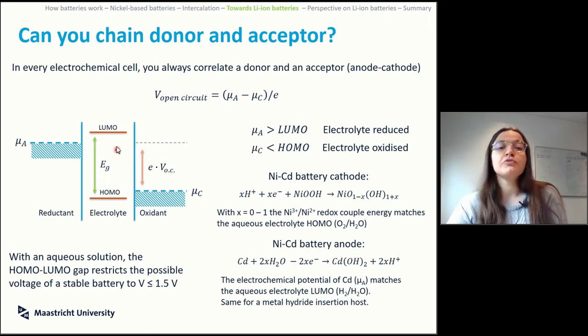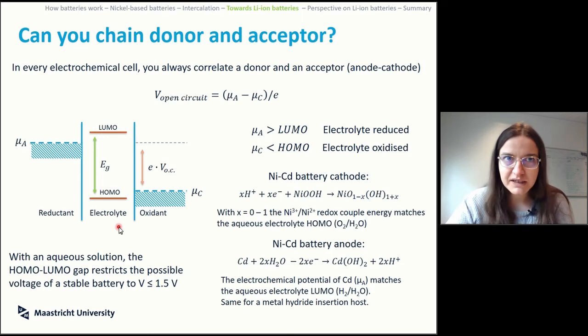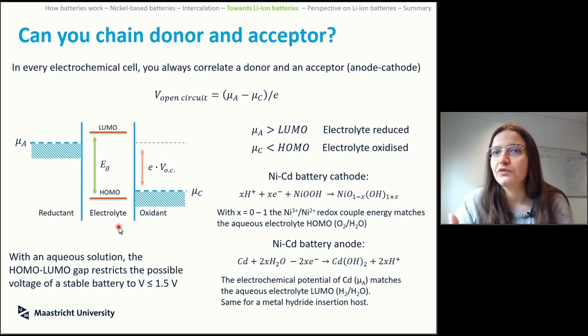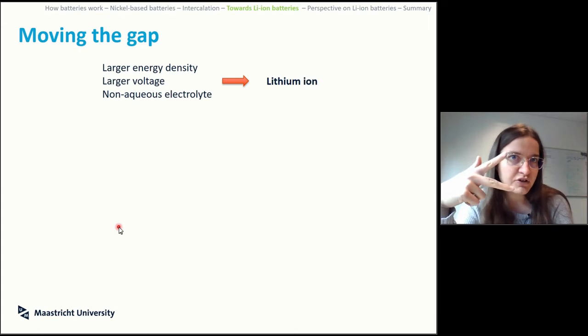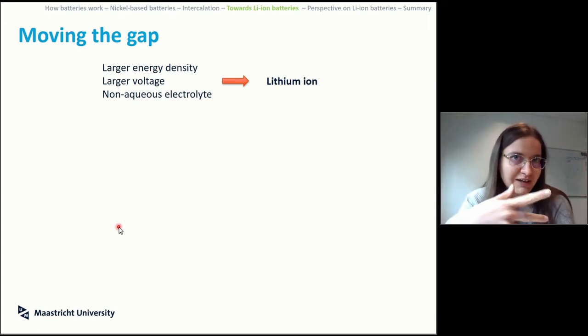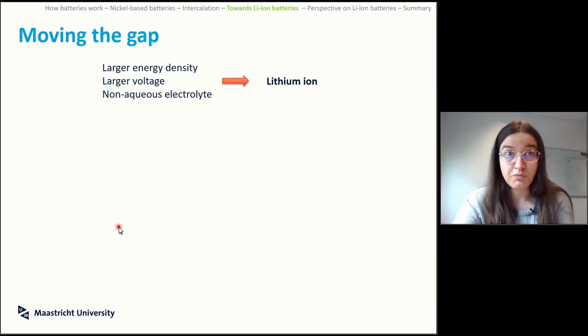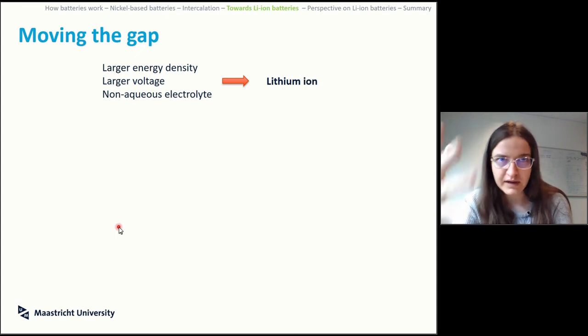So if we want to do electrochemistry on materials in a way that allows for more voltage and a battery that performs better, you need something that is capable of having a larger energy density and a larger voltage, meaning that it passes more charge per unit of volume at a higher voltage, and since the voltage of the water electrolyte is already limited, you must move away from an aqueous electrolyte.